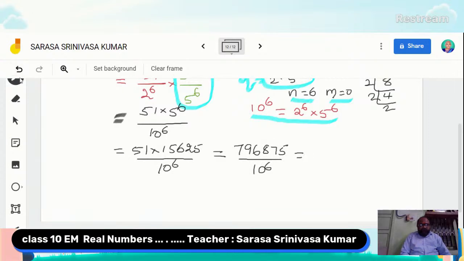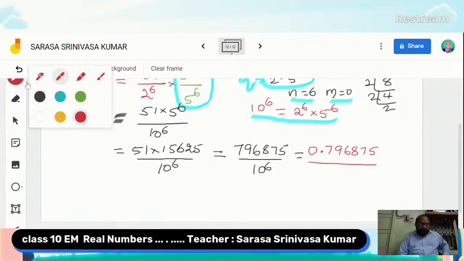So this is equal to 0.796875. This is the answer. We should strictly follow the theorems.